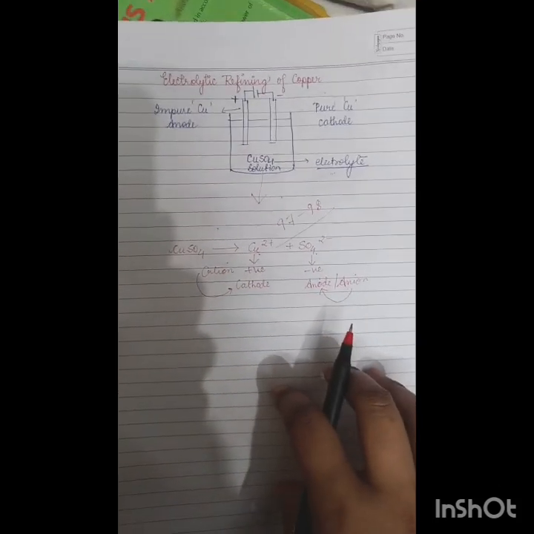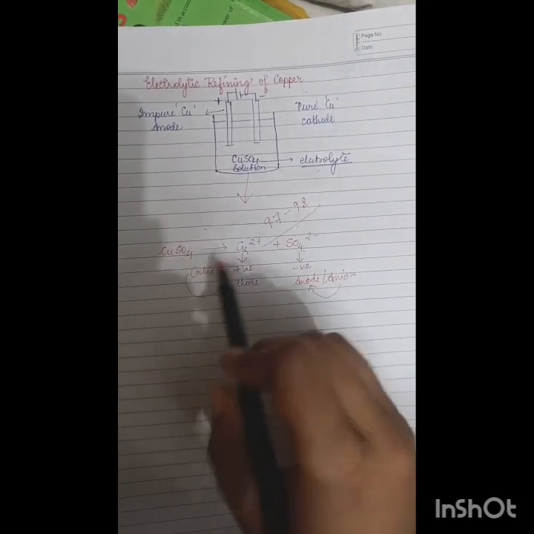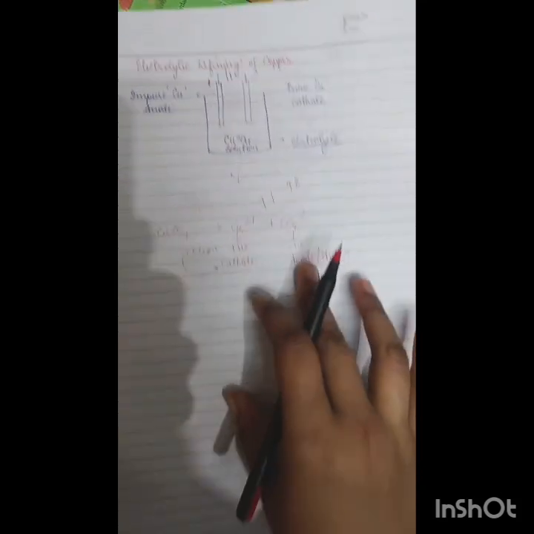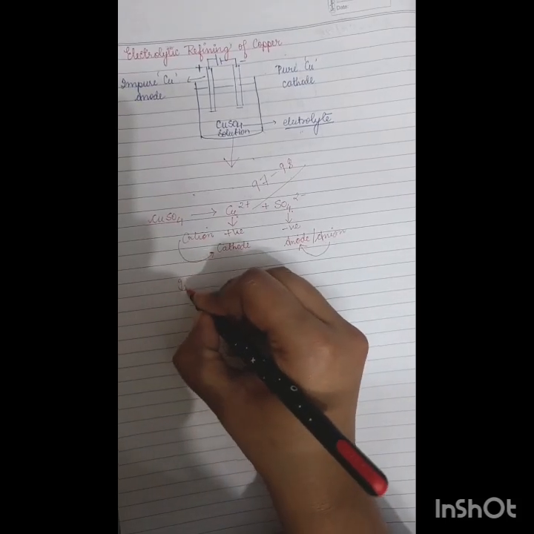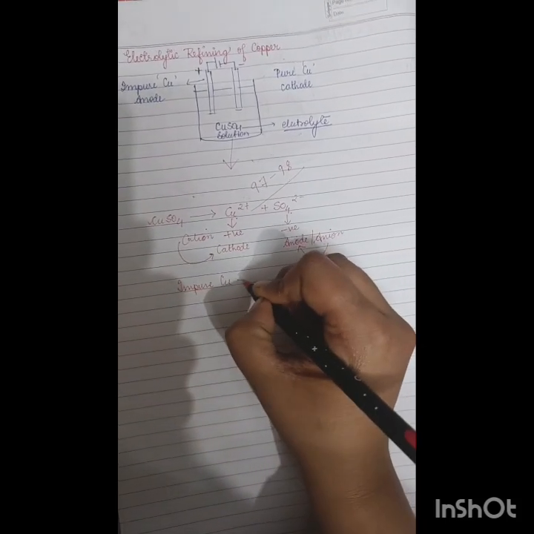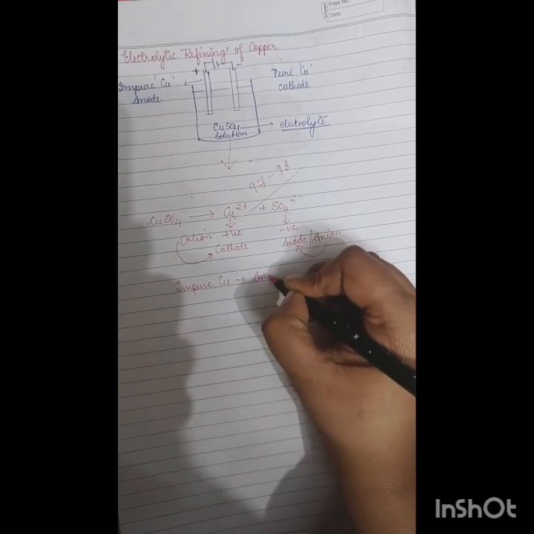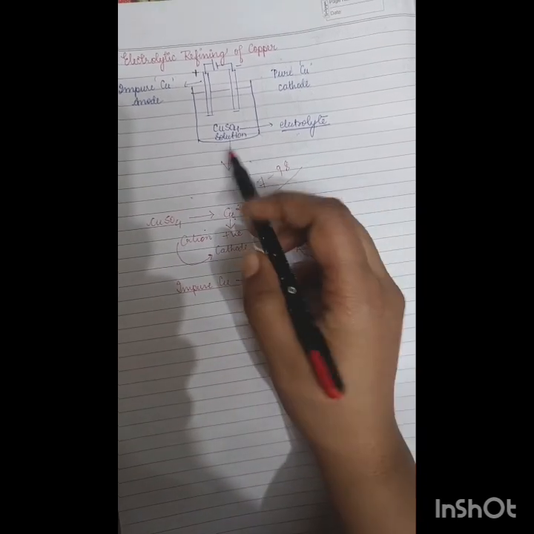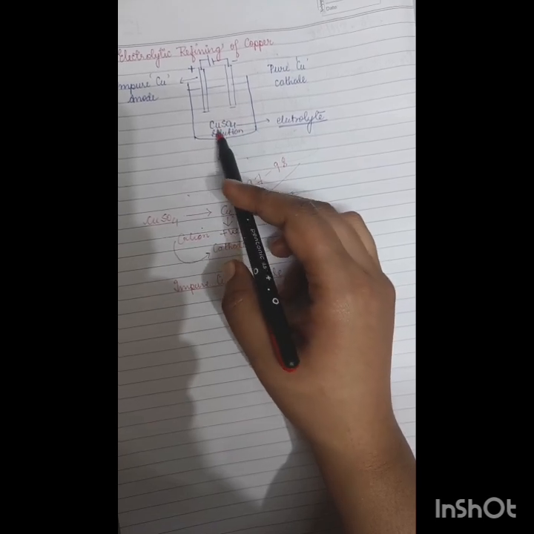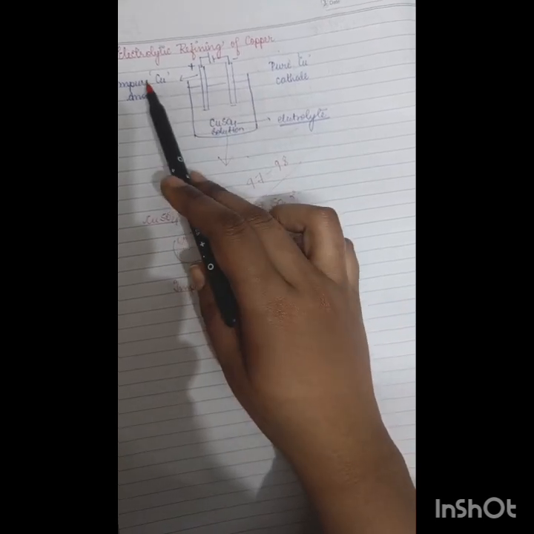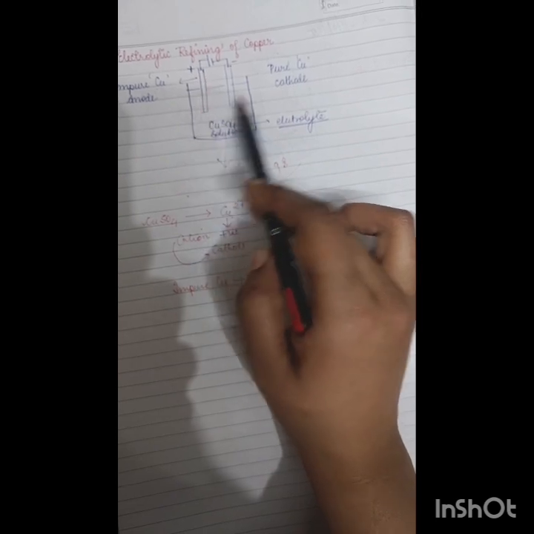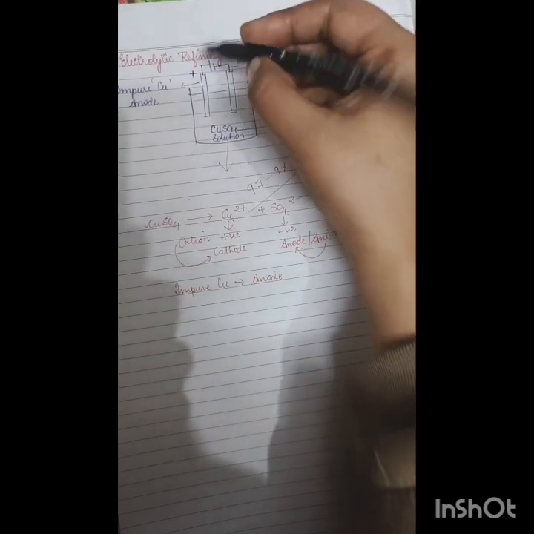Okay? So what actually happens in this solution? This impure copper, the reaction is taking place at the anode. So here first we have to make ions, and we need lots of copper ions. So what will happen? This anode will start to break and release Cu2+ ions.